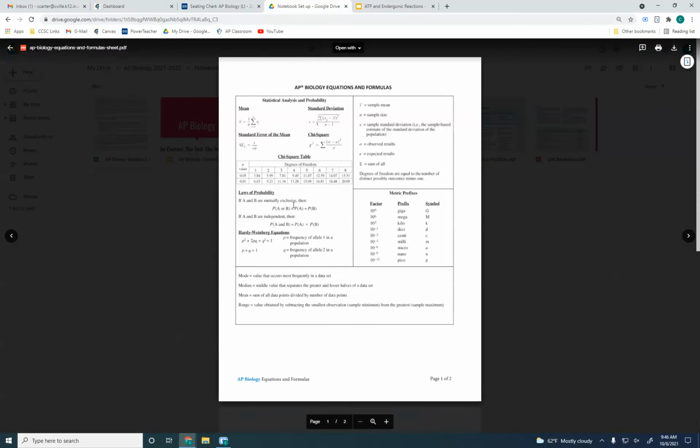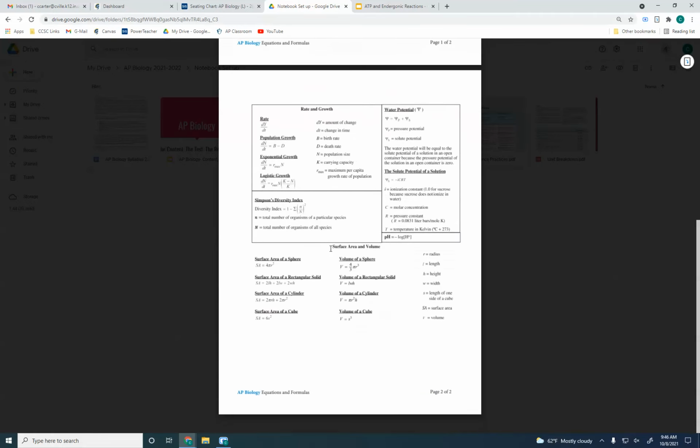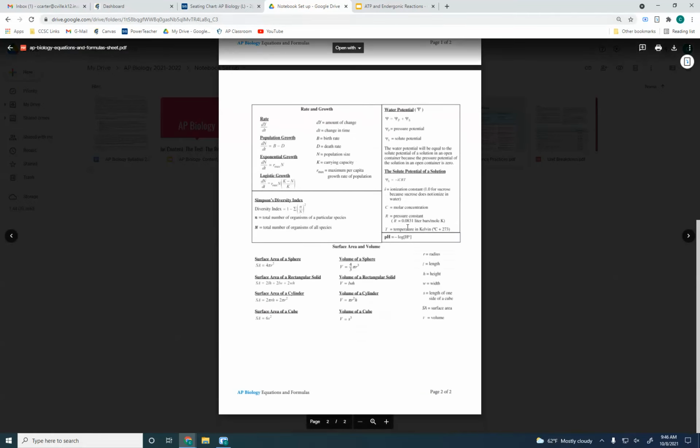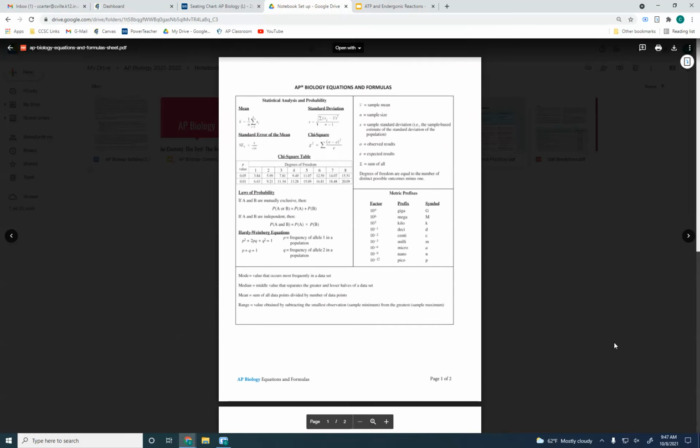Aha, this is the equation sheet. We've got chi-squared, standard deviation, a bunch of prefixes, mean, median, mode, Hardy-Weinberg, which we'll talk about next semester, volume, water potential, and growth rates. So the Gibbs free energy equation is not on the AP equation sheet.